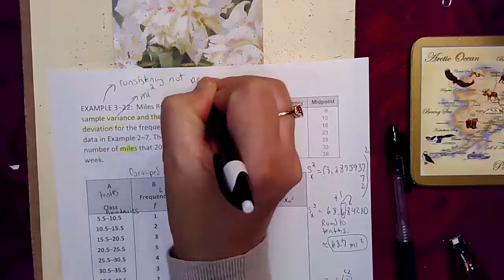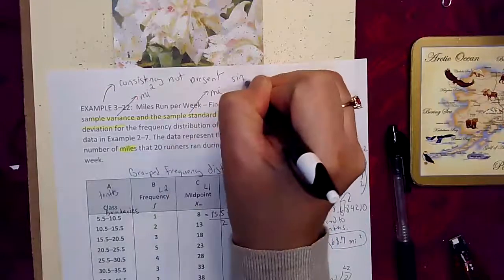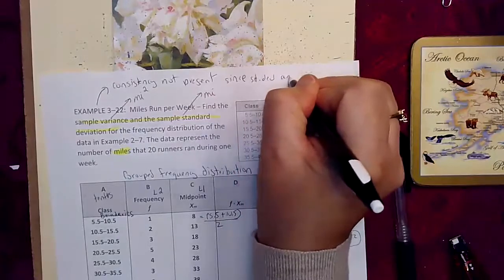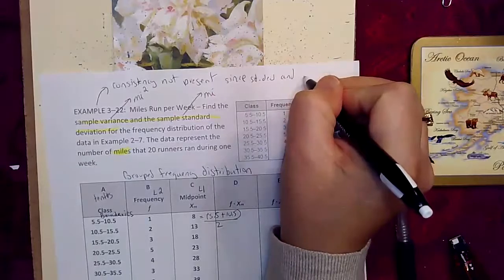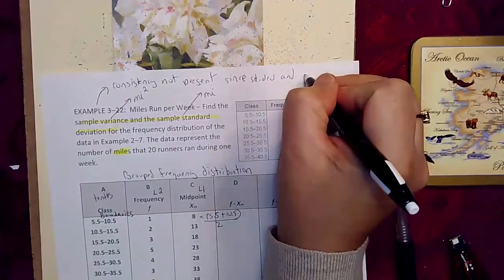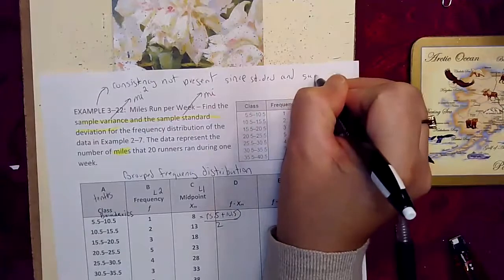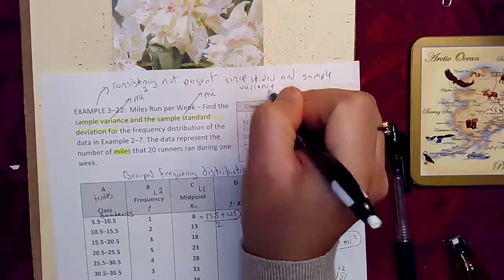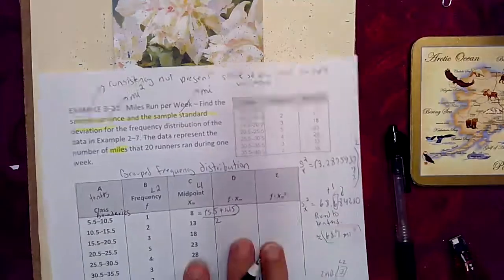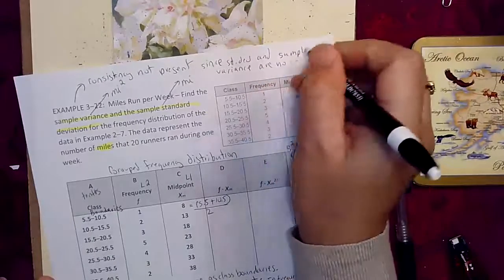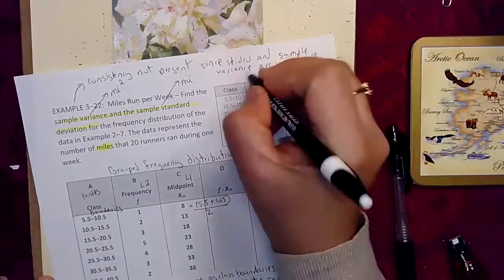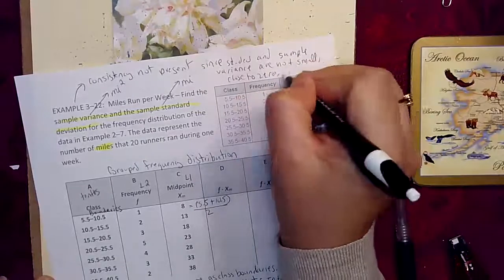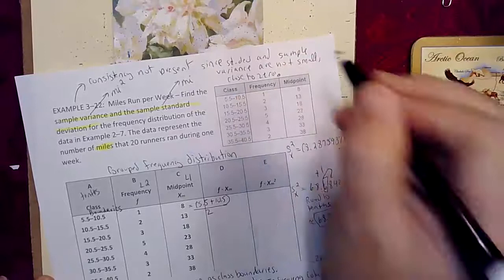Consistency not present, since standard deviation and sample variance are not small, close to 0. Okay.